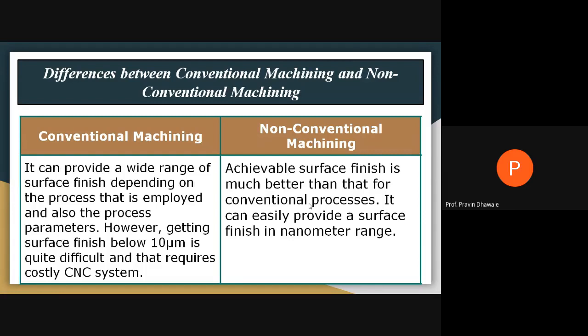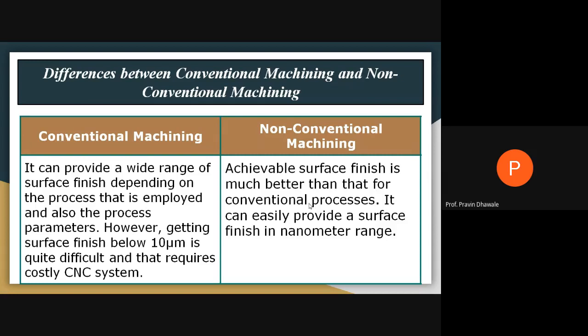the achievable surface finish is much better than that of the conventional process. Whatever surface finish you obtain using non-conventional machining, no doubt it is of very good quality, better than the conventional machining process. It can easily provide a surface finish in the nanometer range, right?